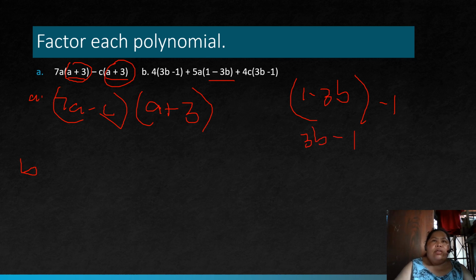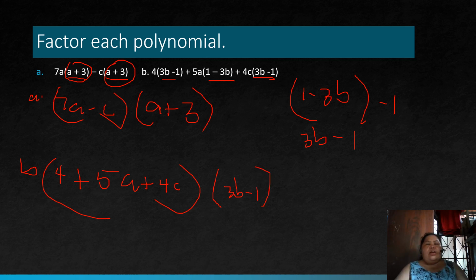That means they are now the same. So the final answer is 4 plus 5a plus 4c, then 3b minus 1. This is how to factor some of the polynomials.